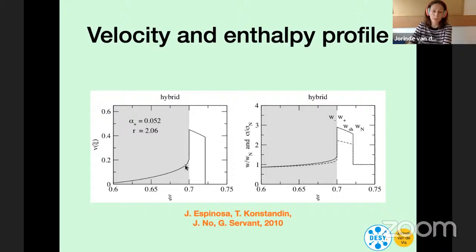And you see that the fluid velocity is non-zero both in this rarefaction wave and also in the shock wave. On the right-hand side, I show the enthalpy and the entropy. And you see also that they are varying both inside of the shock wave and in the rarefaction wave. And then if you go beyond the shock wave, then you're actually back at the same enthalpy that you had at the nucleation temperature.